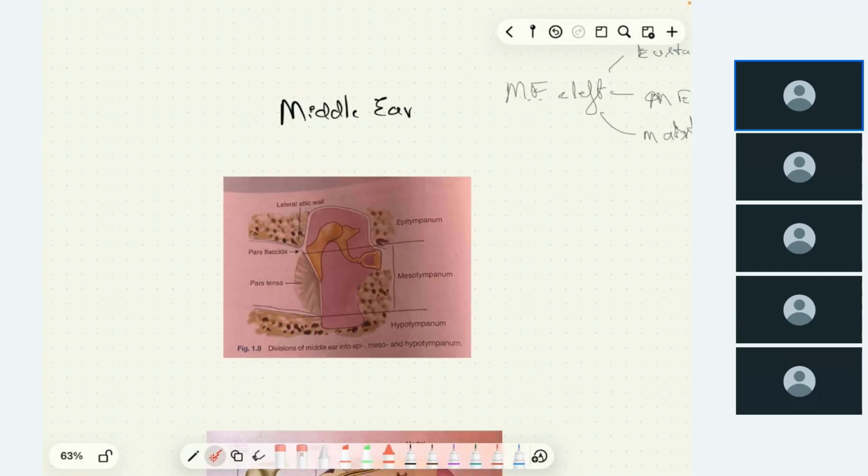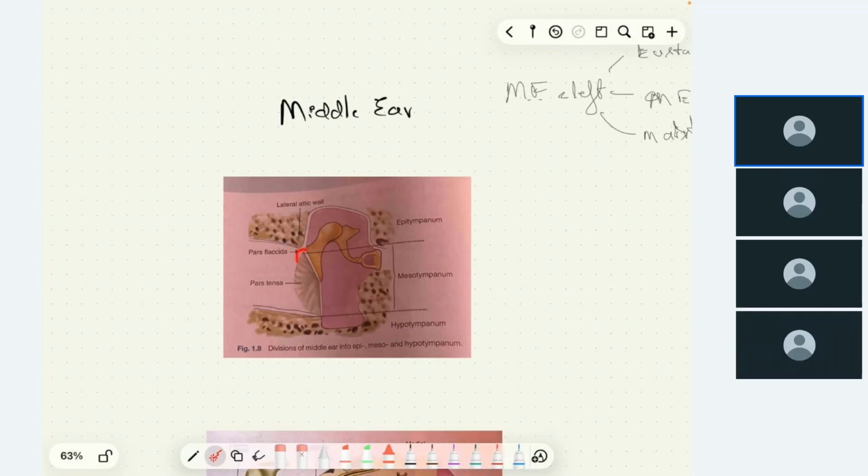What does it mean? This is the tympanic membrane. The middle ear extends beyond the tympanic membrane upwards and downwards. The part corresponding to the tympanic membrane is called the mesotympanum. The part above the tympanic membrane is called the epitympanum, and the part below is called the hypotympanum.